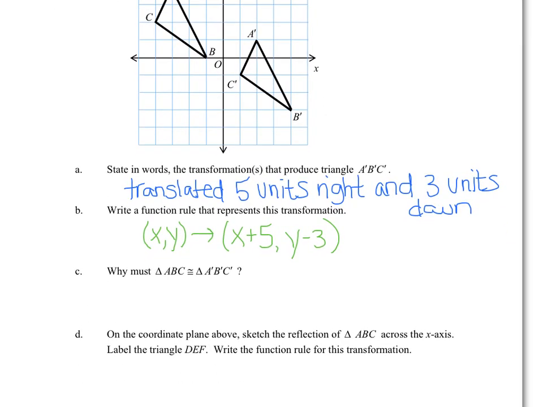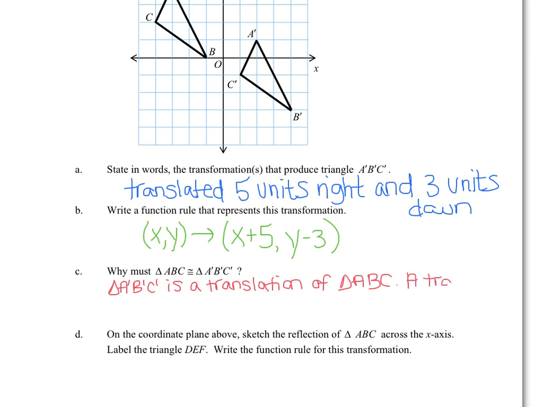Next, we have the question, why must triangle ABC be congruent to triangle A prime, B prime, C prime? So, triangle A prime, B prime, C prime is a translation of triangle ABC.